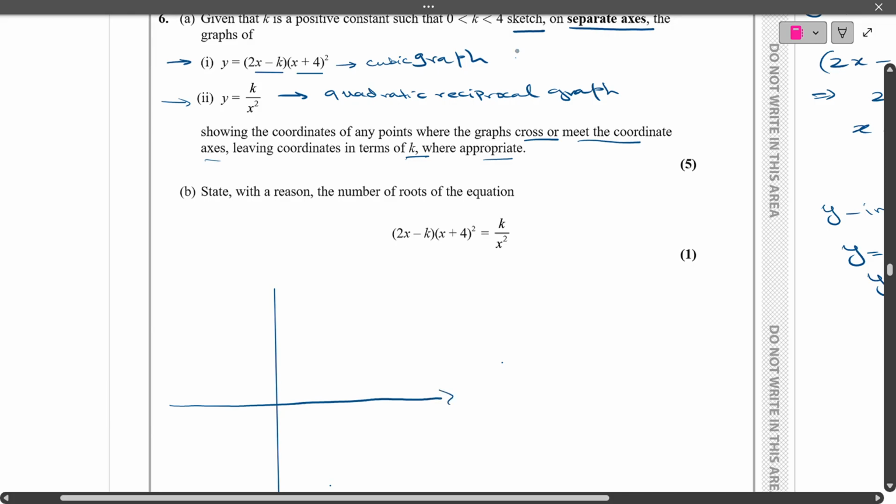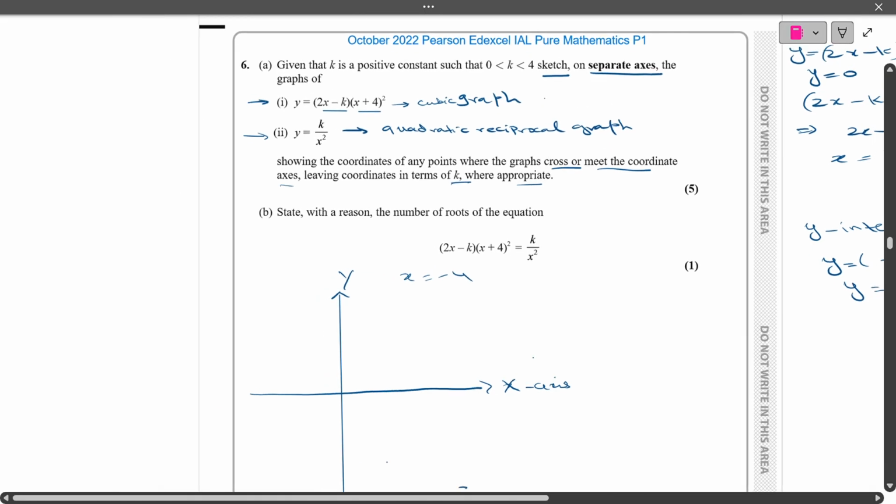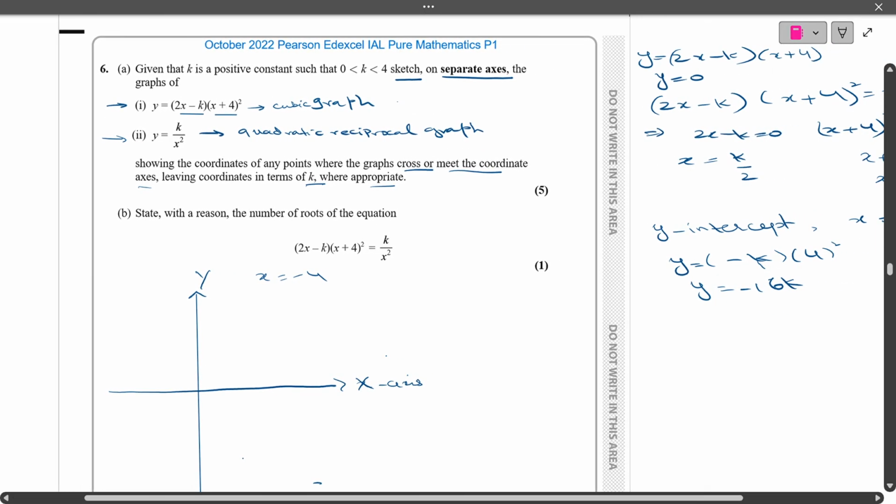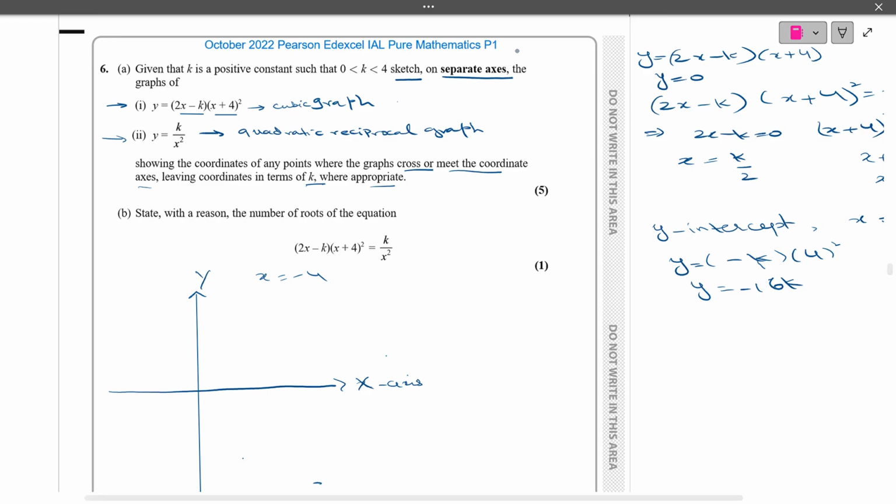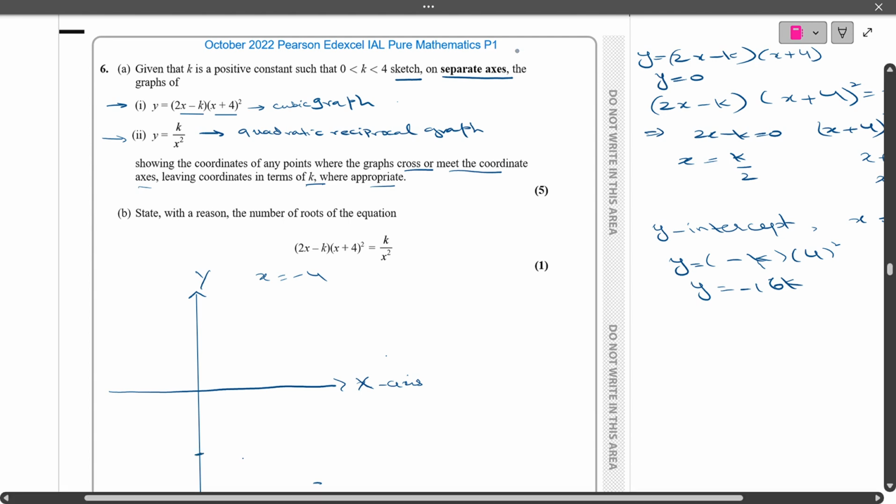This is the x-axis and this is the y-axis. My first x-intercept is negative 4 and the y-intercept is negative 16k. So negative 16k definitely lies somewhere down here. Okay, let's say this is negative 16k. This is negative 4. And here I have k over 2.